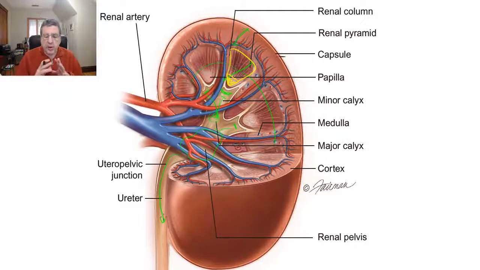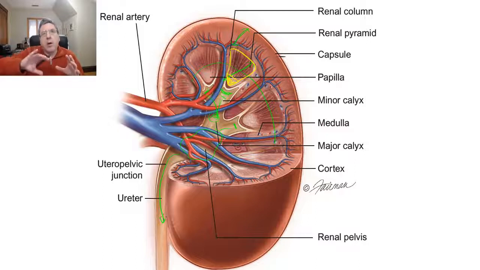Okay. So the key structure is going to be the cortex. That's something you're going to have to be aware of, because when we talk about nephrons, the nephrons are going to be located in the cortex or the medulla, and there's going to be a couple different types of nephrons.